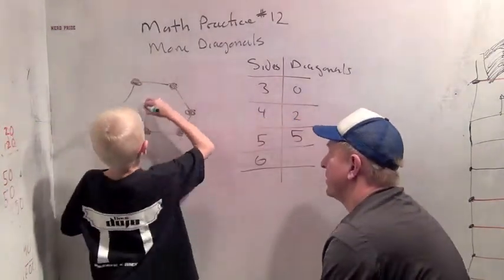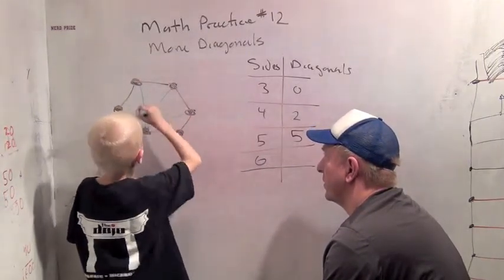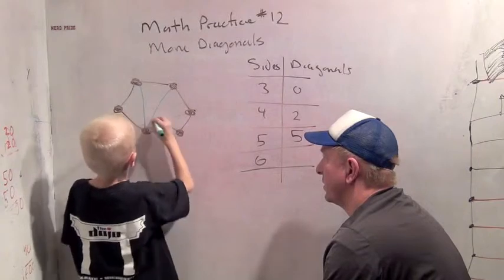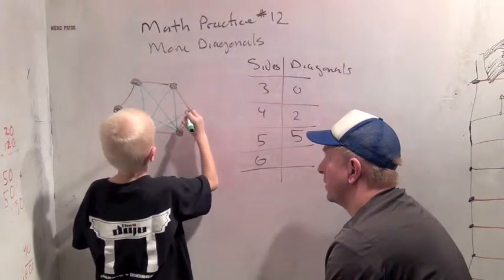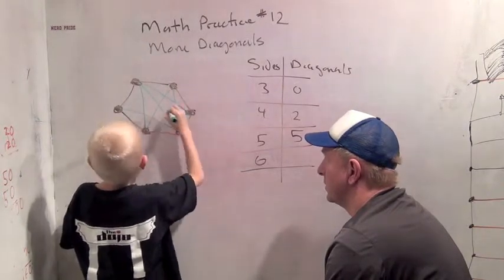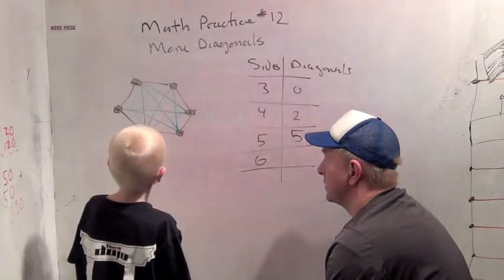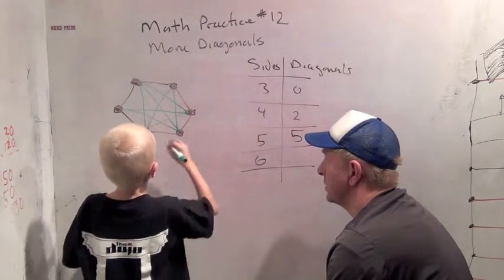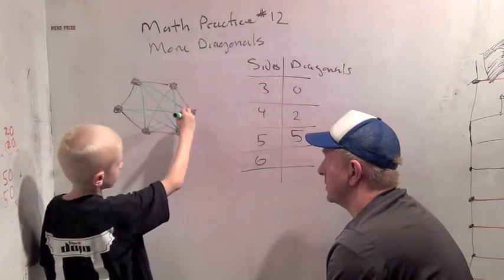So there should be 3 coming out of each. 1, 2, 3, and 1, 2. But wait, we're missing some. So these points only have 2.